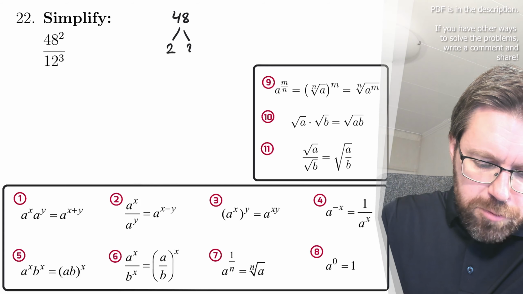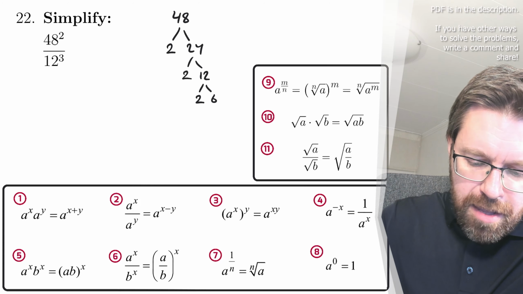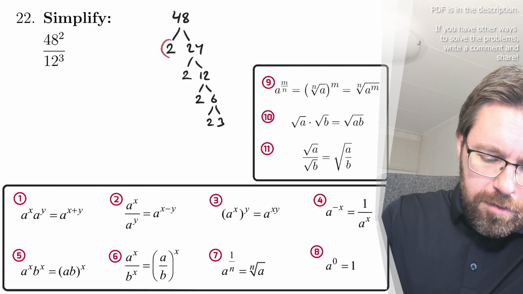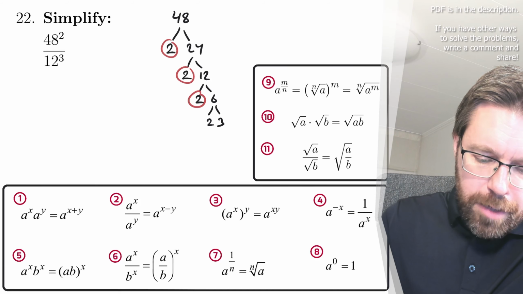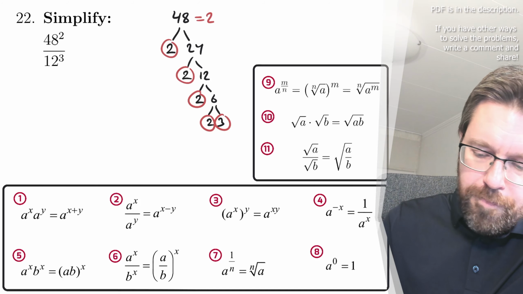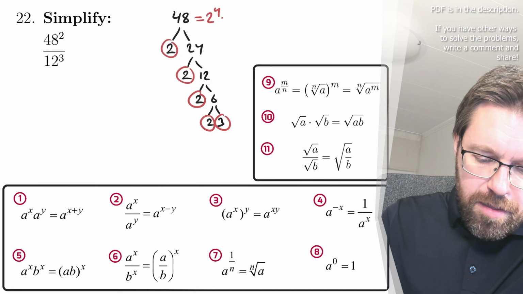It's 2 times 24. 24 equals 2 times 12. 12 is 2 times 6, and then 6 is 2 times 3. So the prime factors are 2 times 2 times 2 times 2 and times 3. It equals 2 raised by 4, and then times 3.